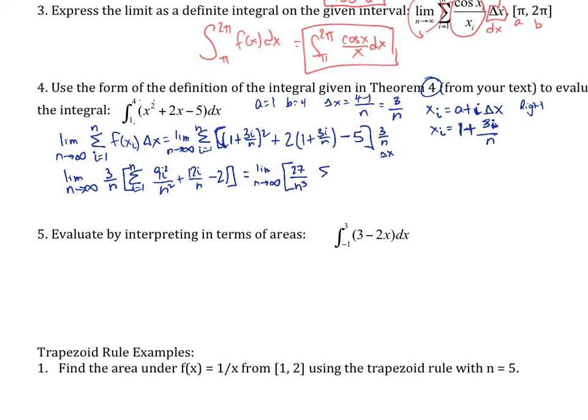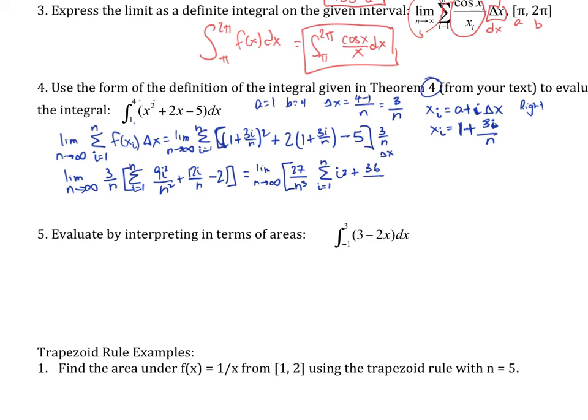It'll leave me with the sum from i equals 1 to n of i squared plus 36 over, notice that I'm going to do each one of these separately. I did this one, now I'm going to do this one, and then this one. That's why I took out n cubed, because that would be the common denominator between these three terms. So I took out a common denominator.